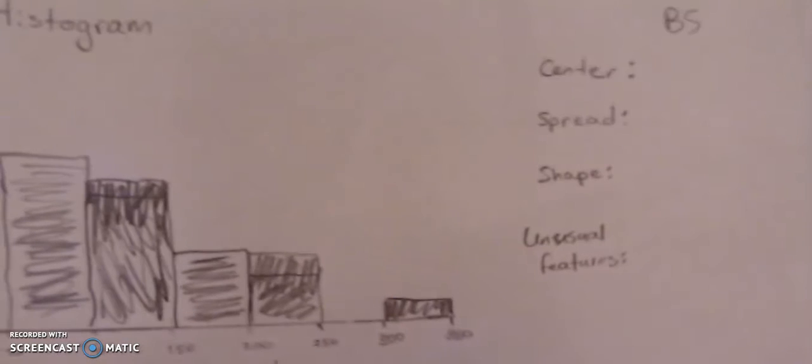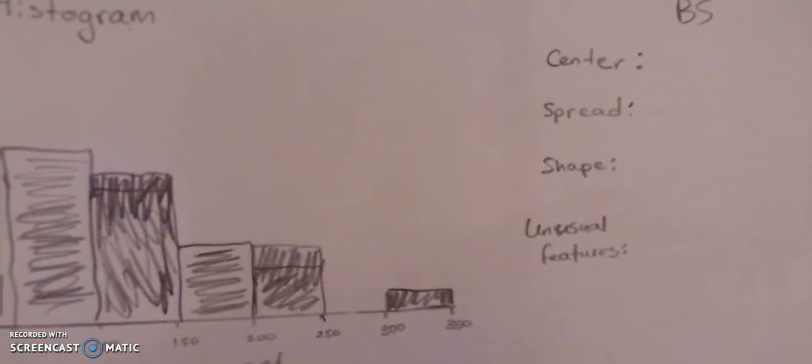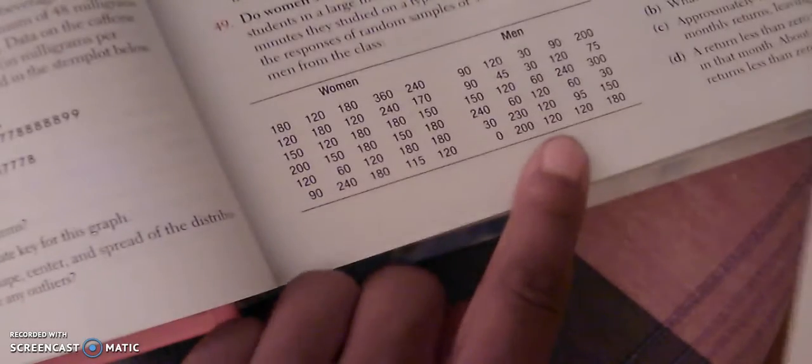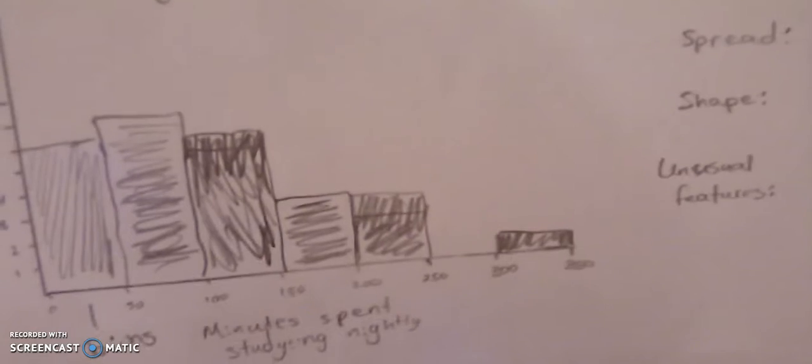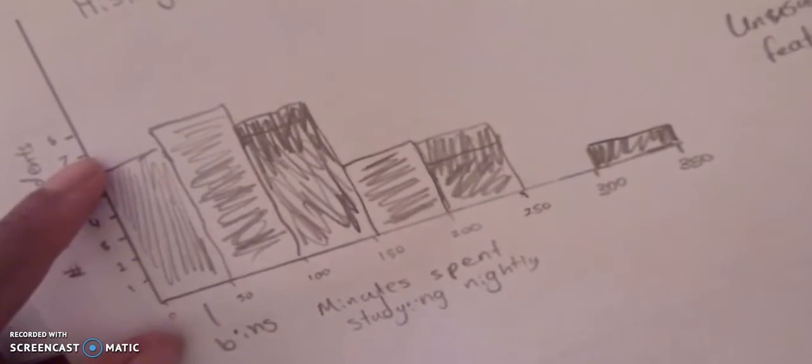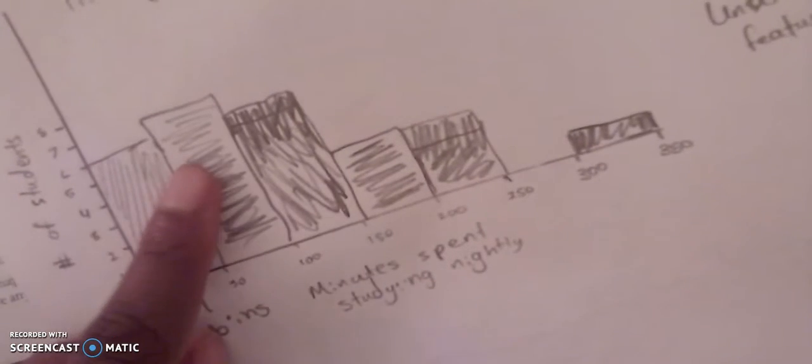So let's use the histogram that we created to interpret the graph and the data. Center is the halfway point of our data set. If I had 30 values in this data set, because that's how many I have here, then we'd expect that halfway would be the person who has the 15th value. If we look at this data set, this first bar has 6, this has 7.